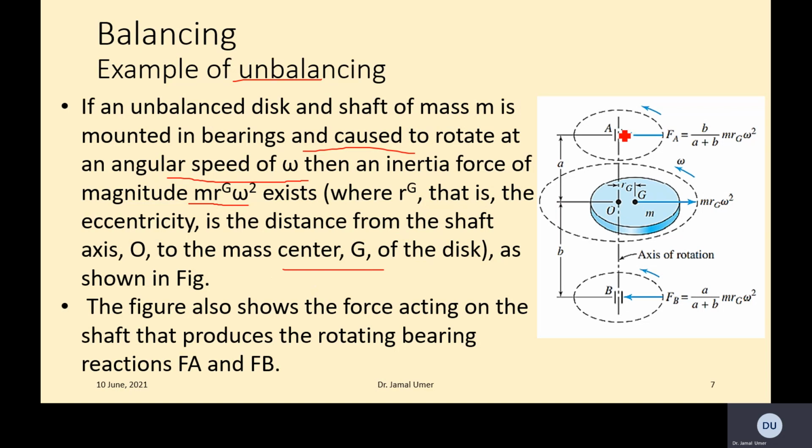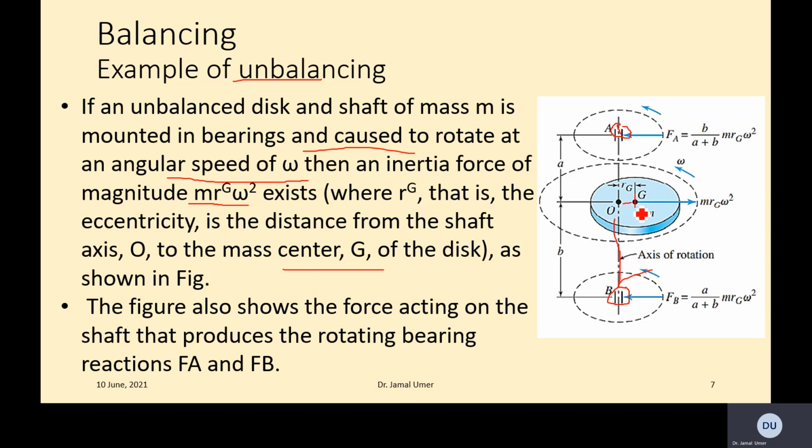Again here, this kind of nomenclature is normally represented by showing a bearing. This is one bearing, this is another bearing, and this is the axis of rotation, which is basically a shaft, right? And this shaft has a disc, and the disc is not attached to the shaft at the center, rather it is attached at some eccentricity.